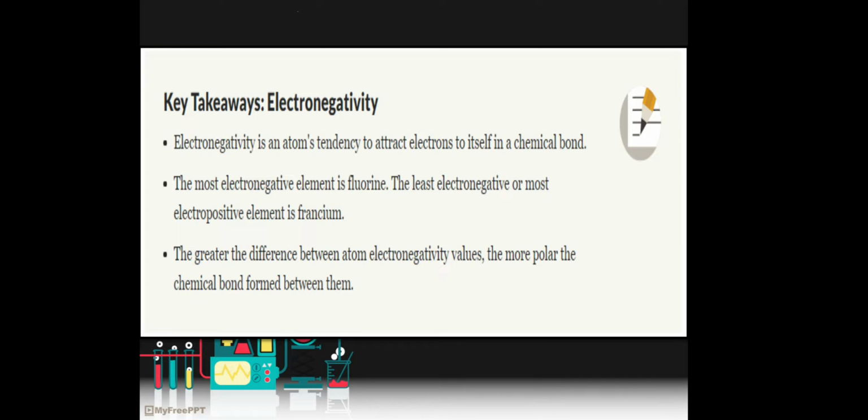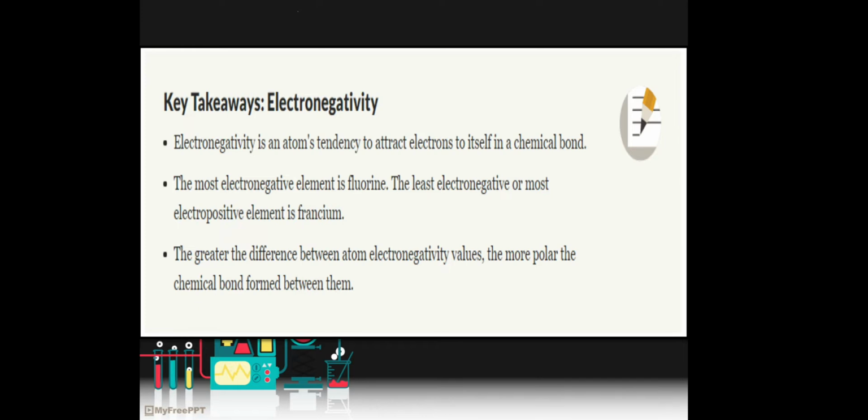Meaning to say, fluorine can attract the other elements because it has the ability of being the most electronegative element, while the least electronegative or most electropositive element in the periodic table is called francium. So francium is the least one.